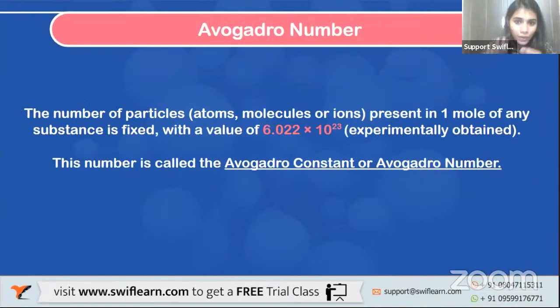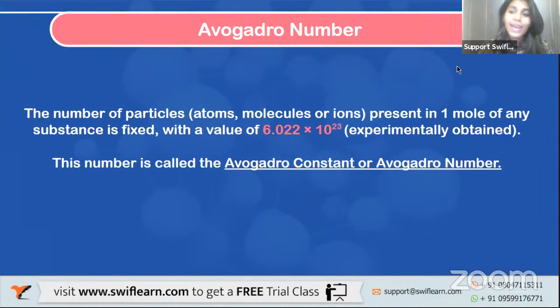Now to understand further, it was noted that 12 gram of carbon 12 is considered to be 1 mole. And 1 mole of any substance would be 6.022 into 10 raised to 23. If I am telling you 1 mole of hydrogen, that means 6.022 into 10 raised to 23 atoms of hydrogen.